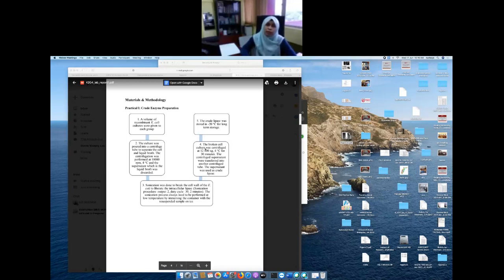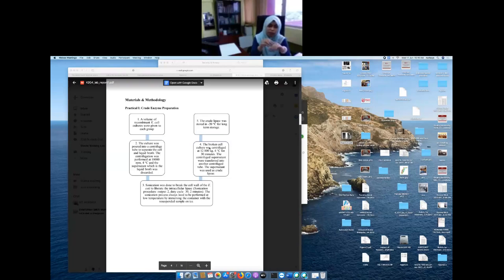Okay, and then we transfer the supernatant just now to a new beaker, to a new container. So this supernatant, which contain whatever things coming out from the cell.